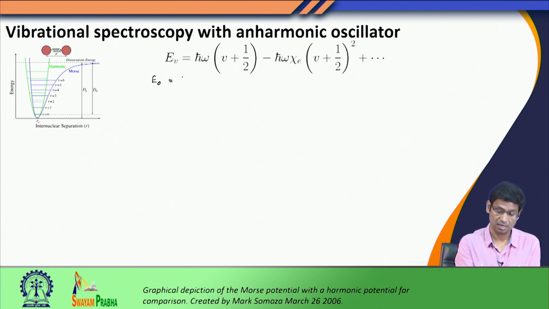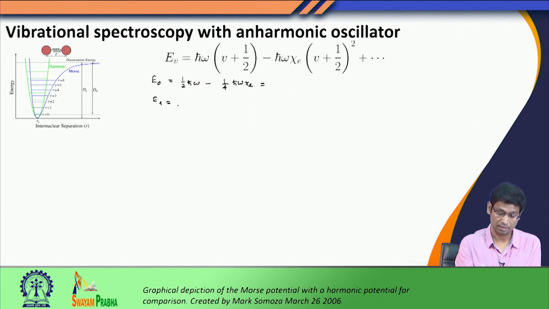This is simply half h bar omega minus (V plus half) squared, which is 1 by 4, h bar omega chi_e. All right, we keep it over there.